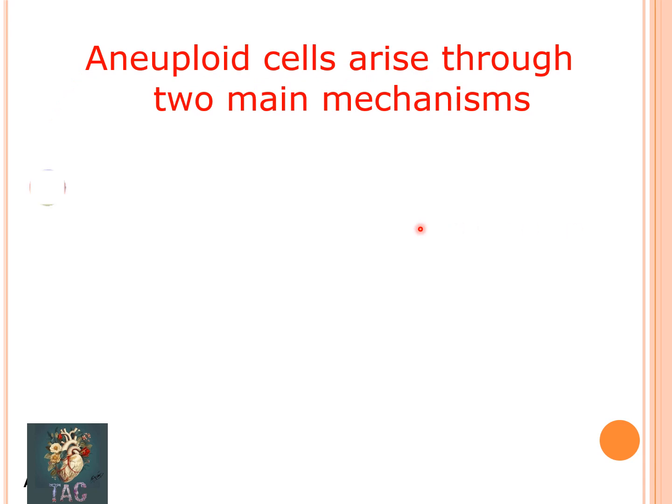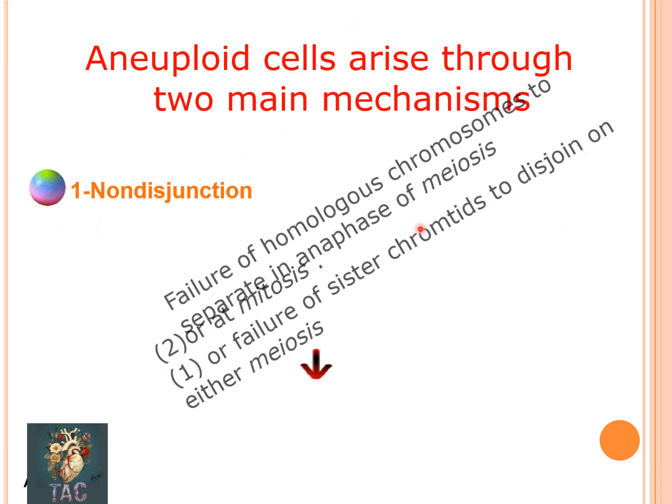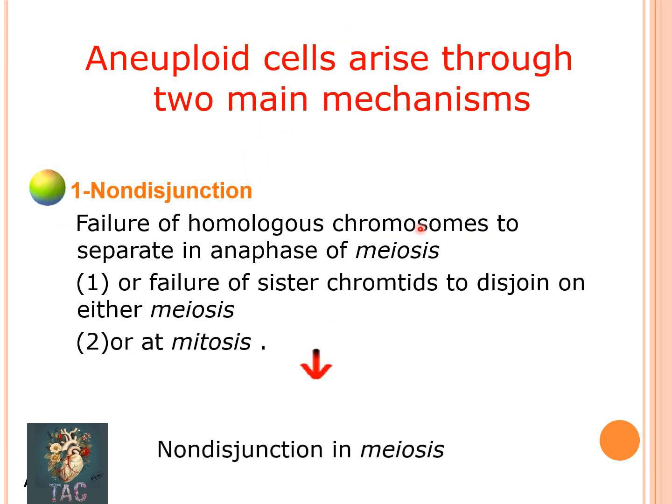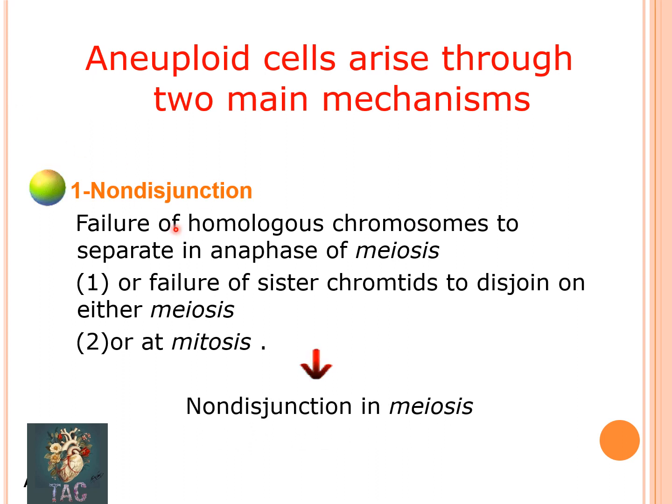Aneuploidy arises through two mechanisms, either through non-disjunction, that is failure of the homologous chromosomes to separate in anaphase of meiosis, or failure of the chromatids to disjoin in either meiosis or mitosis. This is one of the causes, resulting in one gamete having 22 chromosomes.